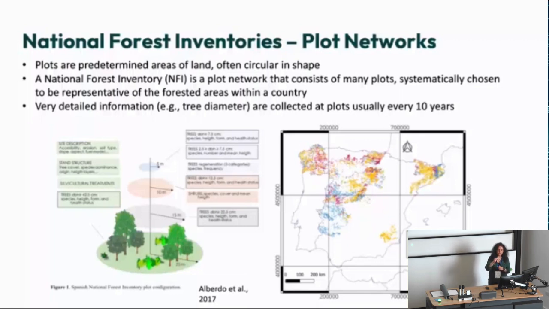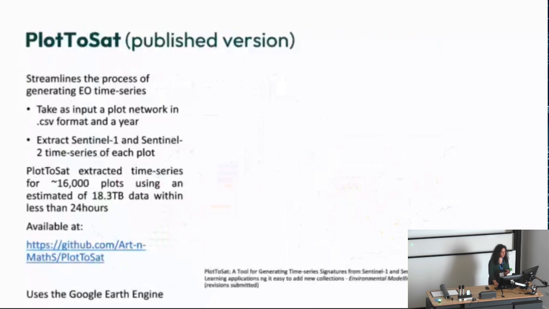But working through these small regions can be very time-consuming and expensive. So with Plot2Sat, it's estimated that I've managed to process 18.3 terabytes of data covering the entire Spain over a year in less than 24 hours.